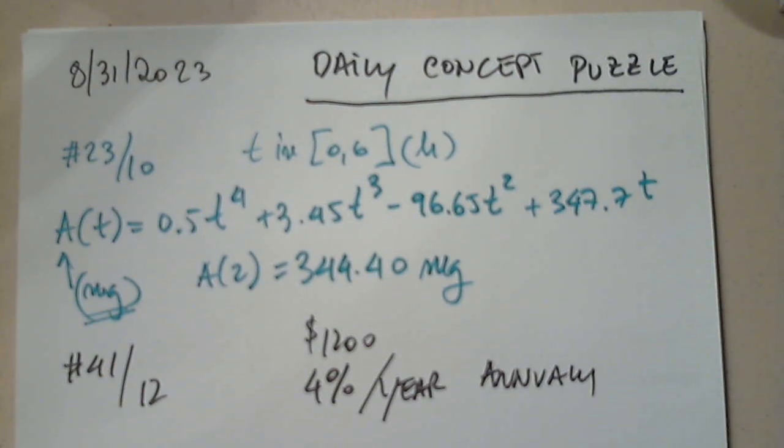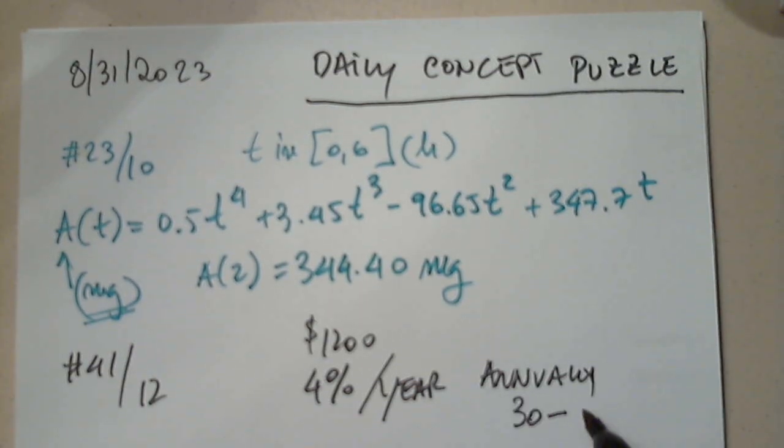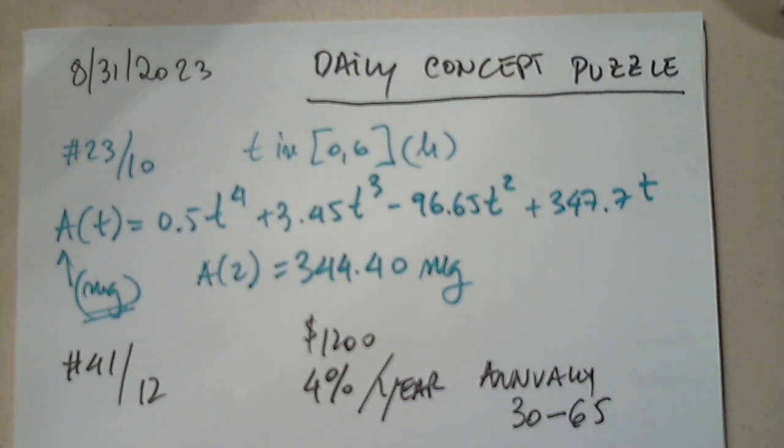I'm taking all these notes. How much will she have in the account when she retires? So at the age of 65, right? She started at the age of 30, so between 30 and 65.